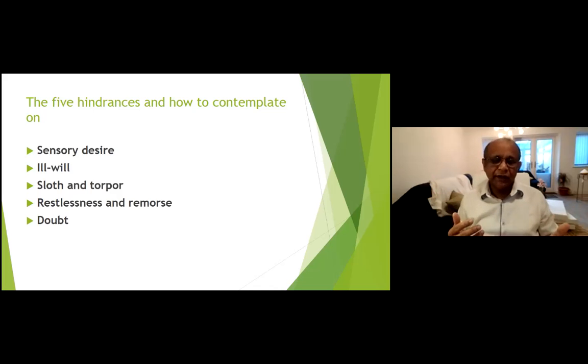Then after that, you start to develop doubt. Doubt about the Buddha, doubt about the Dhamma, doubt about the Sangha, doubt about nirvana, doubt about meditation, doubt about paticca samuppada or original genesis.